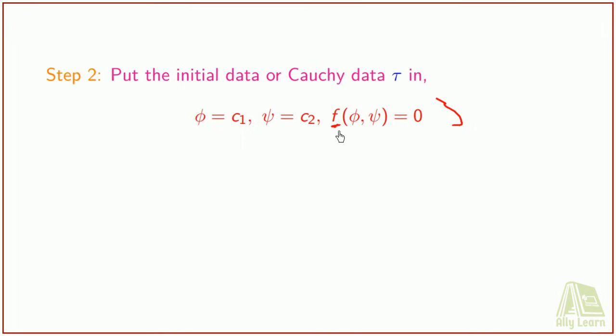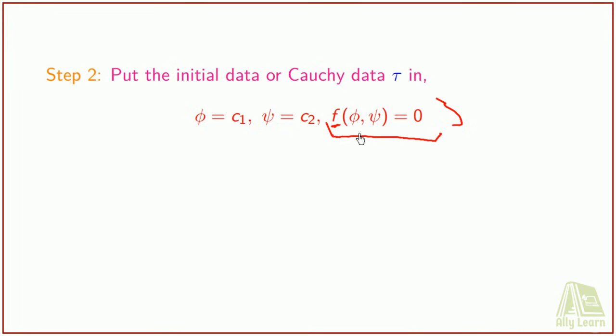Now friends, there are two ways to deal with this type of question. First of all, you can put the Cauchy data over here in this expression and get the value of this function f. But this in some cases involves some complicated calculations.